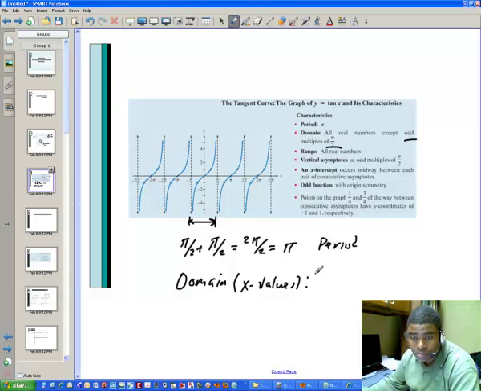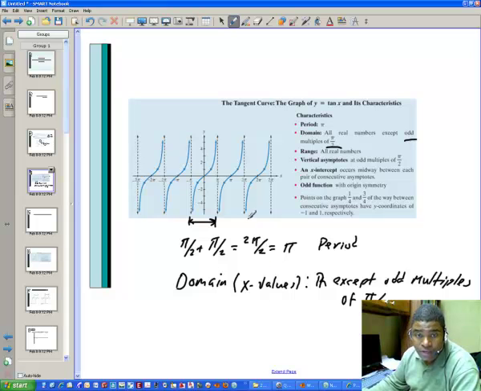So we have all real numbers except odd multiples of pi over 2. Again, it does not exist at pi over 2, 3 pi over 2, 5 pi over 2, because we have a vertical asymptote.